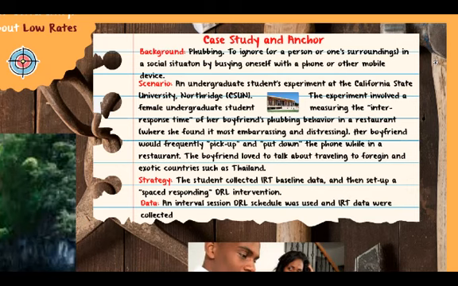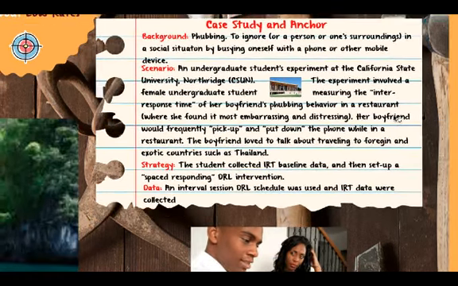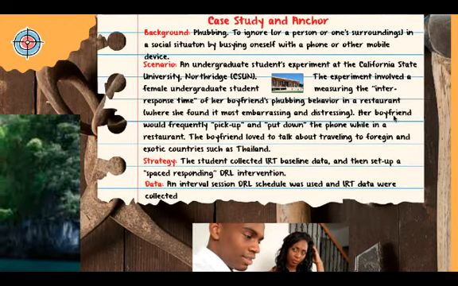There's a social phenomenon referred to as phubbing, and that means to ignore a person or one's surroundings in a social situation by busying yourself with your own cell phone. So you're looking at text messages, you're looking at email, you're looking at various forms of communication. You're on Facebook, or you're on Twitter, for example, or you're using social media in the presence of other people.